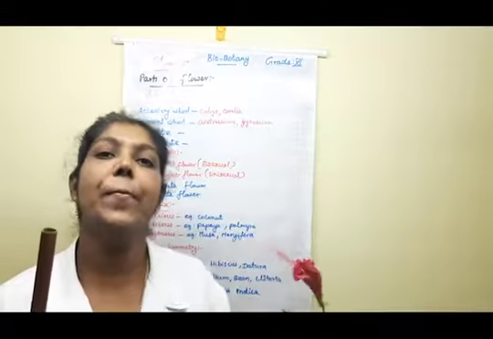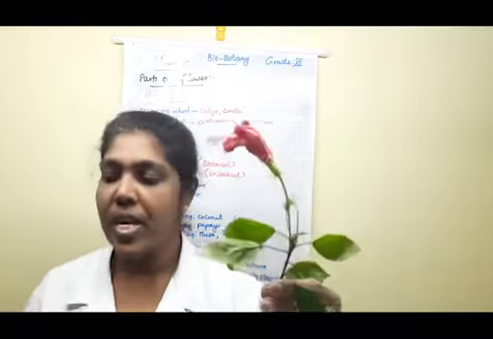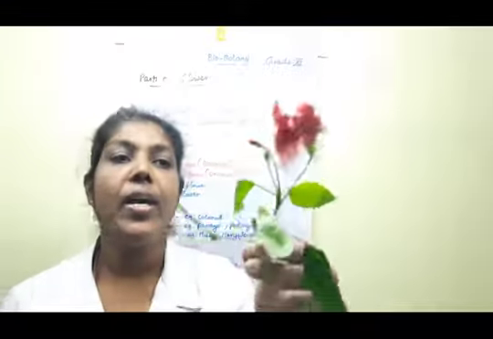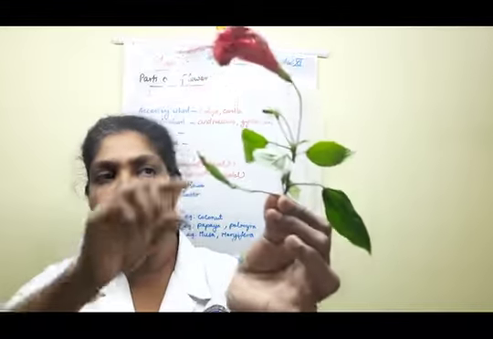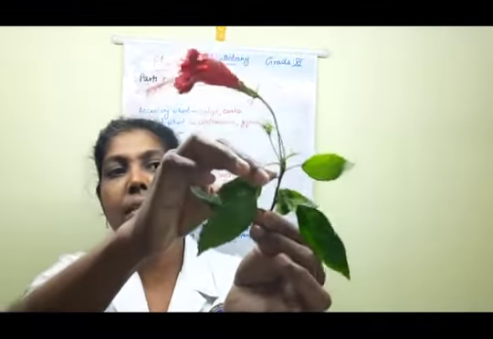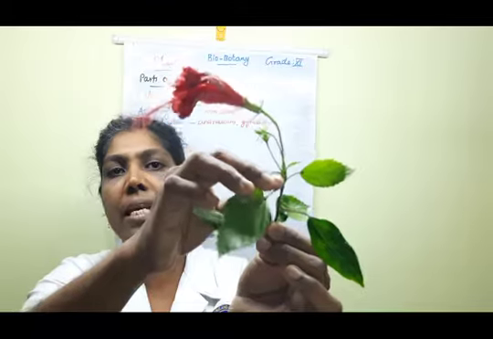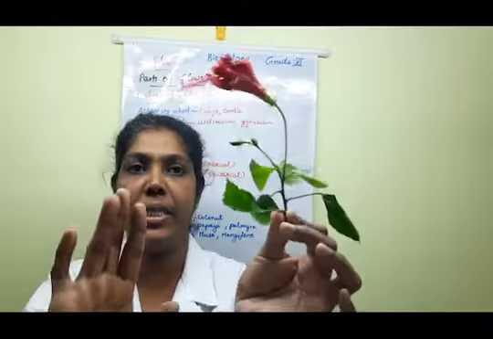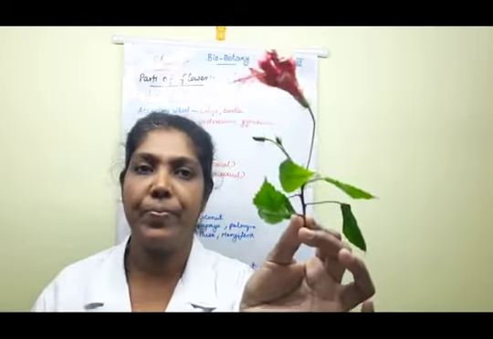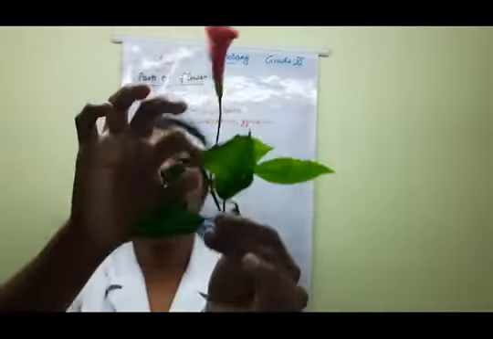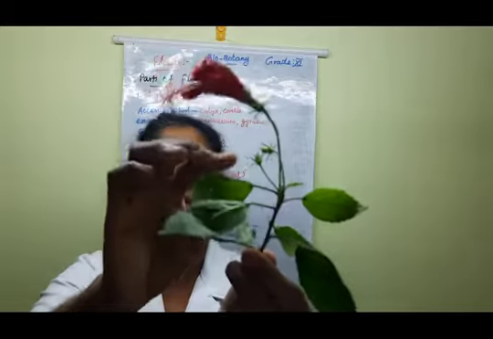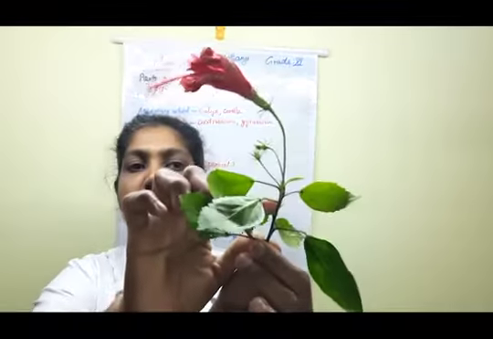Today's class, we are going to learn about the parts of the flower. Okay? What are the parts of the flower? First of all, we are going to learn about these parts of the flower from this region. First one, bract. If you look at this flower, all of you, look at this specimen, children.